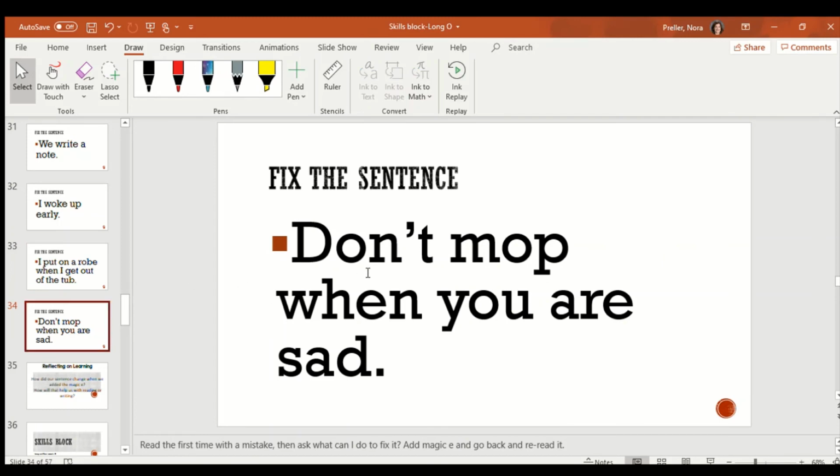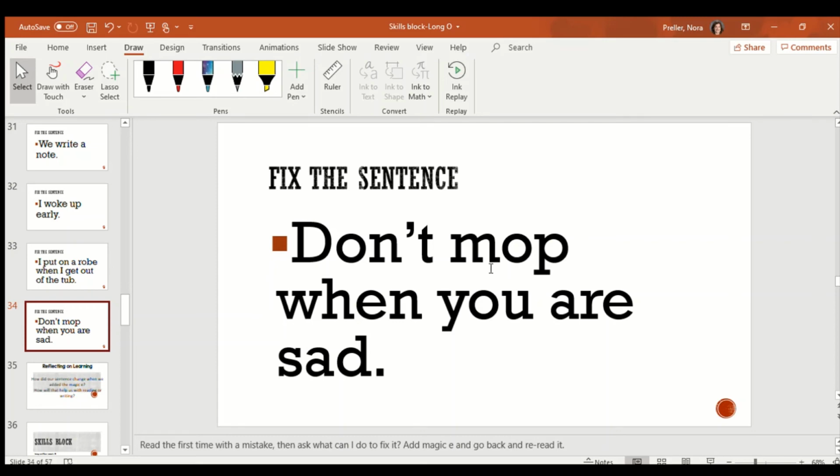Awesome. Okay, here's our last silly sentence. Let's see what it says. Don't mop when you are sad. Does that make sense? No, we don't want to say don't mop when you are sad. We want to say don't mope when you are sad. Moping is kind of another word for pouting.